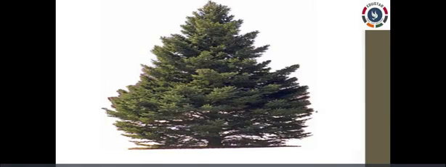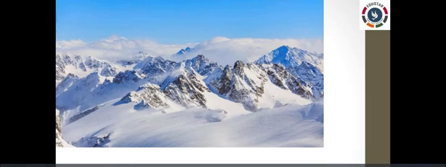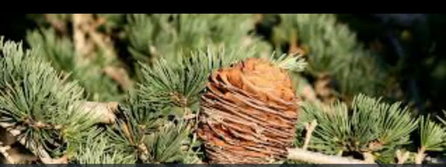The trees that grow in that place have cone-shaped and sloping branches and also have needle-like leaves. These adaptations help the rainwater and snow to slide off easily. Examples: pine, deodar, fir are some examples of trees which live in mountain areas.